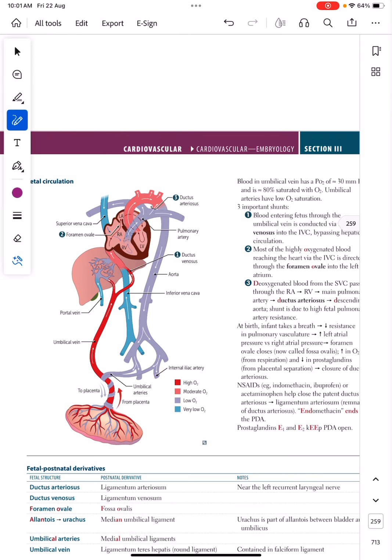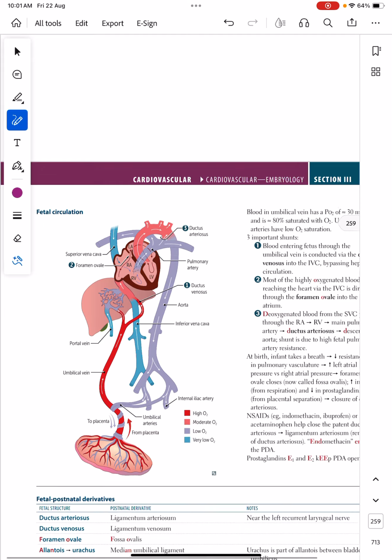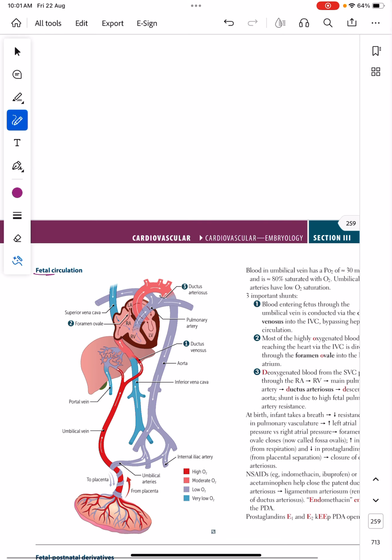So in the womb, the baby gets its nutrition and oxygen from the mother. So there is no need for the lungs, because the lungs are not functional in the womb. But after birth they become functional, so the circulation changes to adult circulation. But here we will discuss the fetal circulation.